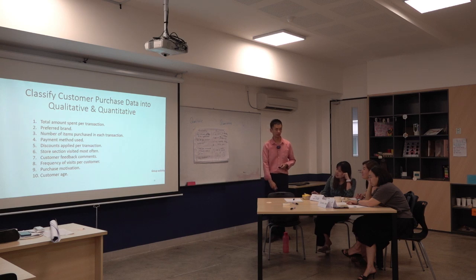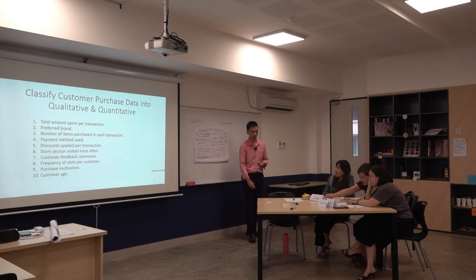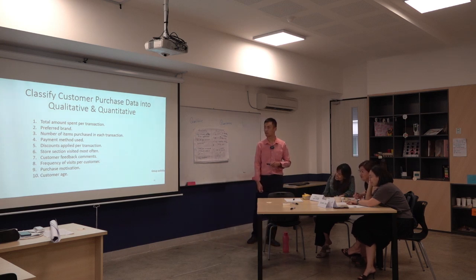Nestle, for example. So this one is type, and they are referred to as qualitative. Good. And number three, number of items you purchase in each transaction. The number of items is a quantity. Okay, good, correct.